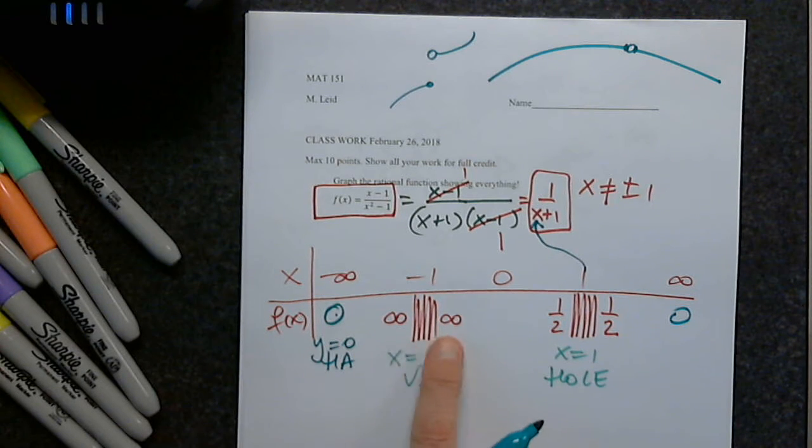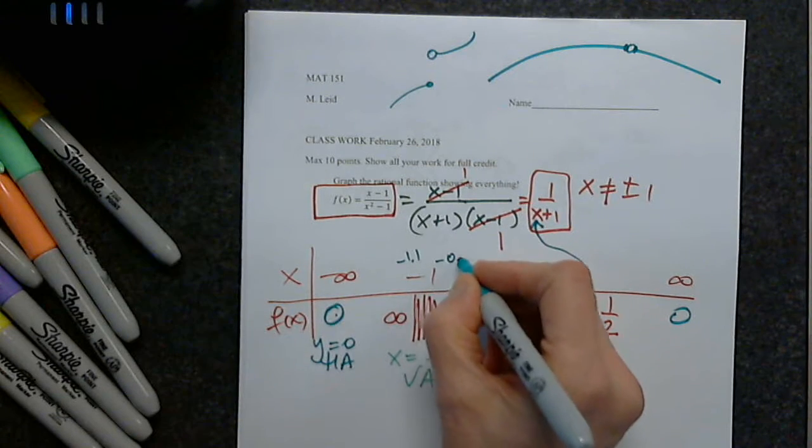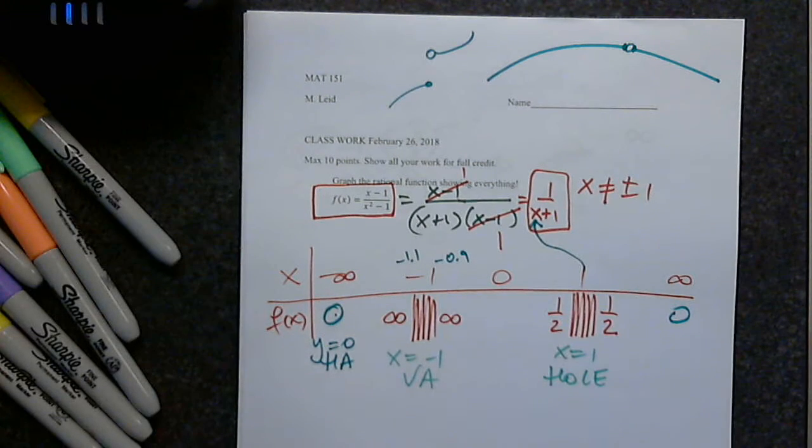We haven't established the signs left and right. Yes, I have to plug in negative 1.1 and negative 0.9. That's why I said the other day that this is a 3-minute thing, and you took half an hour. I said, well, what's going on?